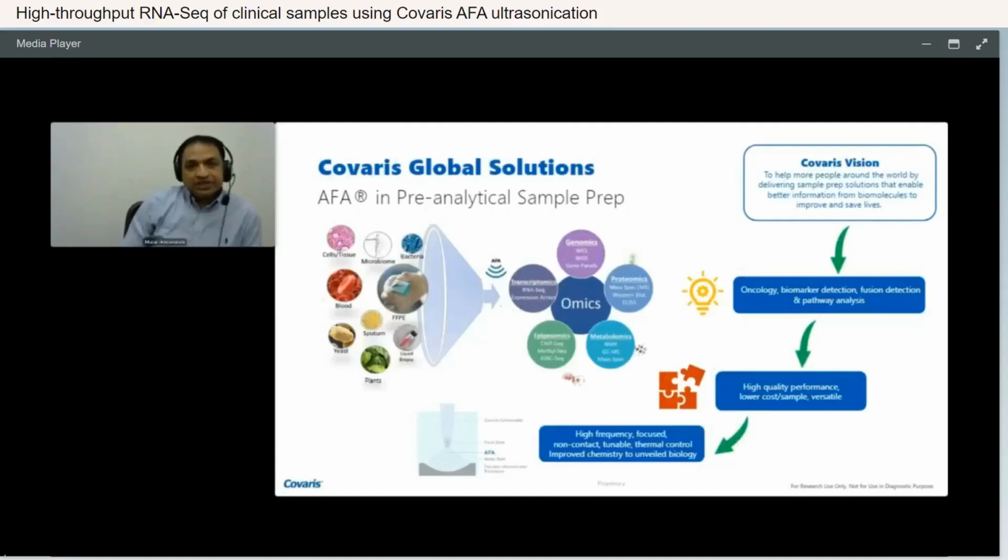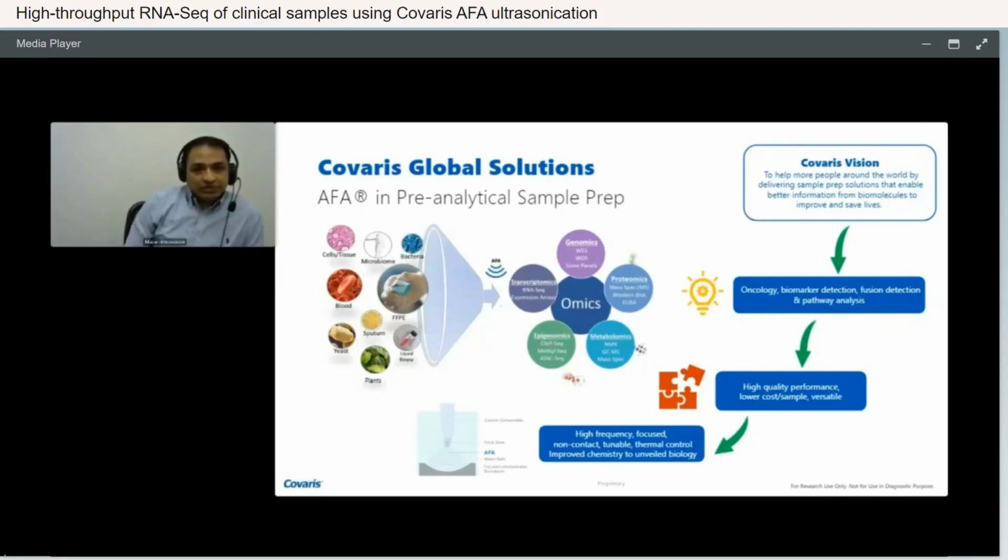Let me start by sharing the Covaris vision. At Covaris, our global mission is clear: to help more people worldwide by delivering advanced sample prep solutions that enhance our understanding of biomolecules, ultimately improving and saving lives.